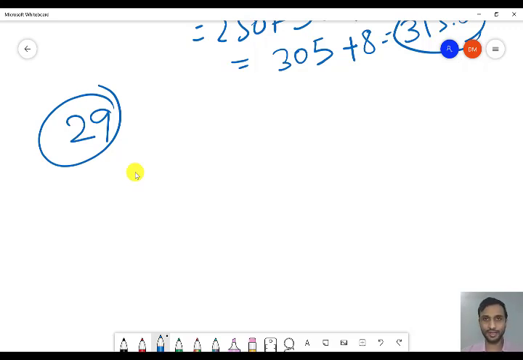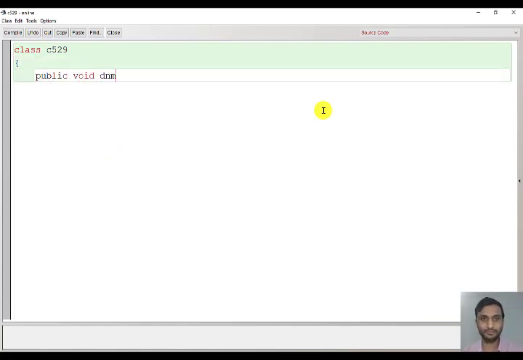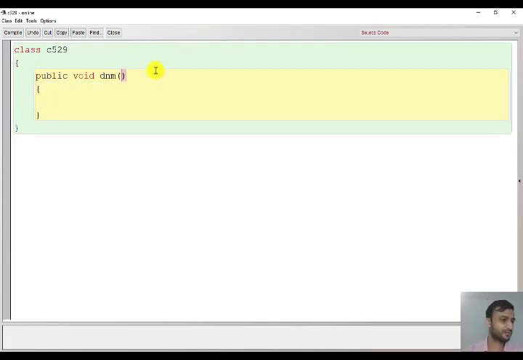So let us solve this program directly in BlueJ. First I'll write the class C chapter 5 29, public void main. The input is the sales amount, so double amount, and also since you are calculating the commission for a salesman, let's input the name of the salesman.